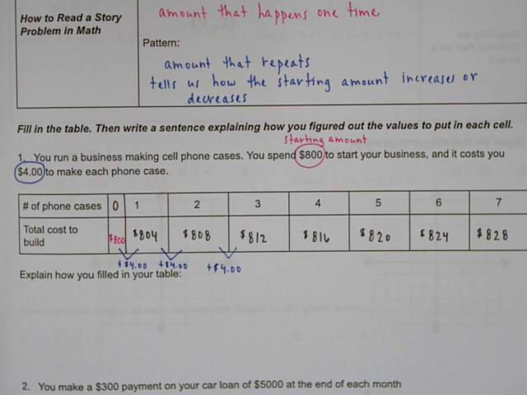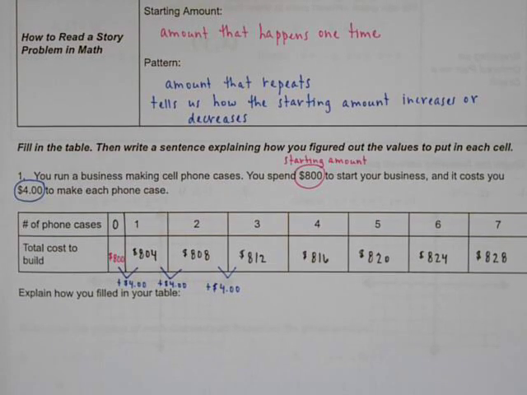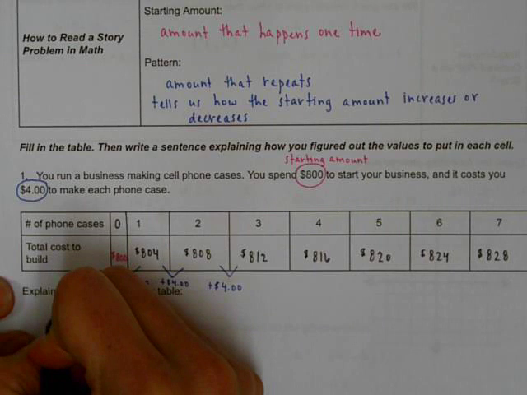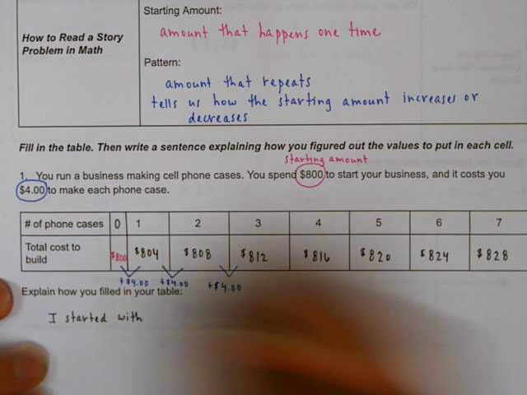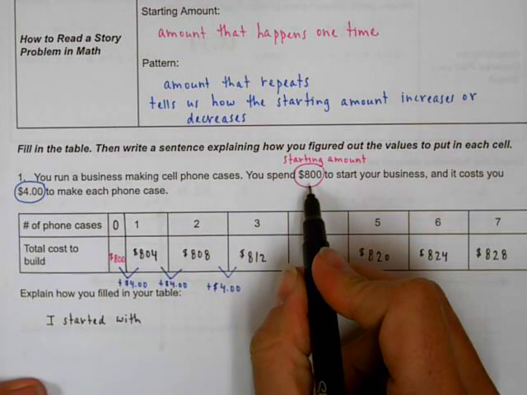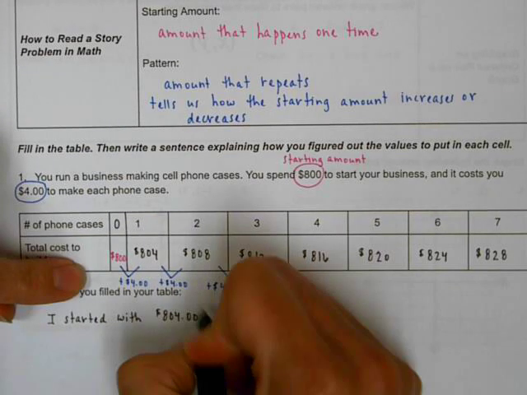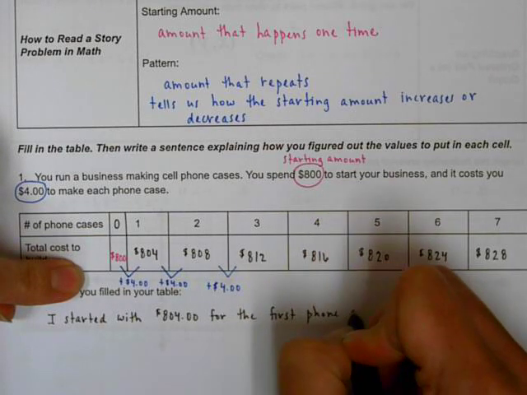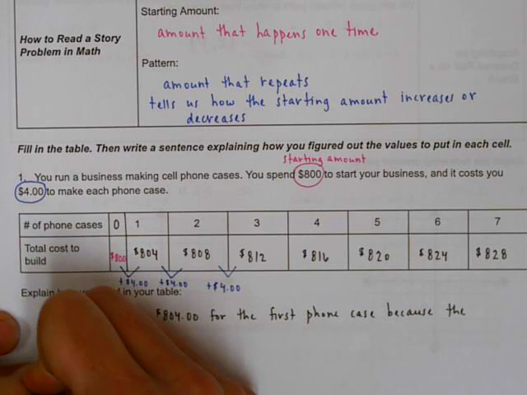So now when I'm asked to explain how I filled in my table, I need to make sure I'm talking about the starting amount and that repeating amount, the pattern. So to fill in the table, I started with $804 for the first phone case, because the starting amount was $800.